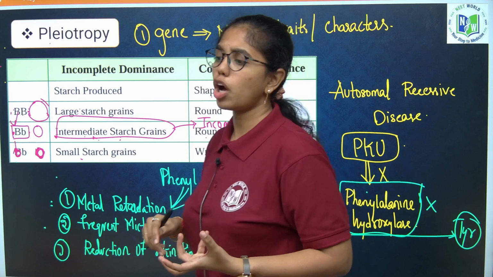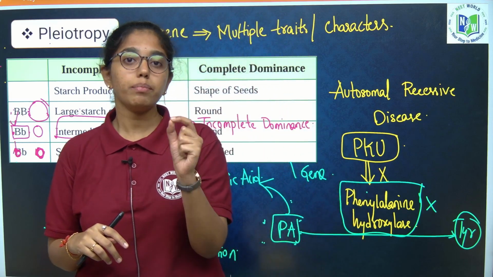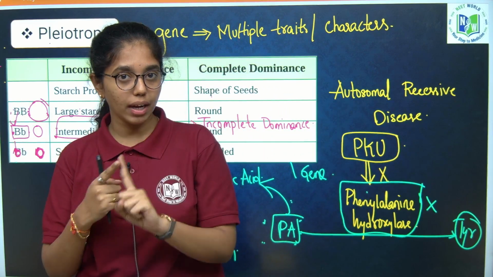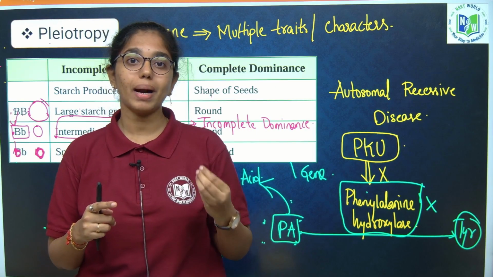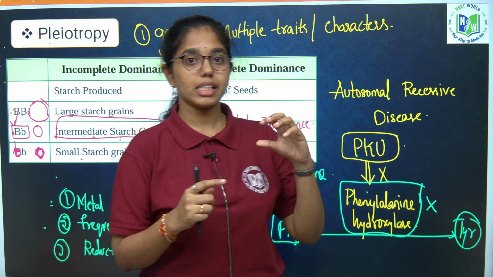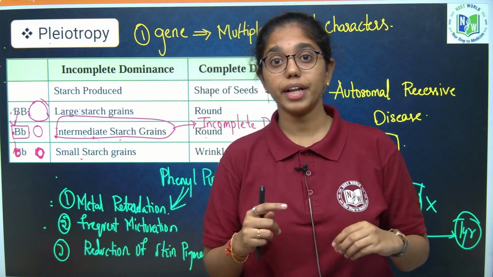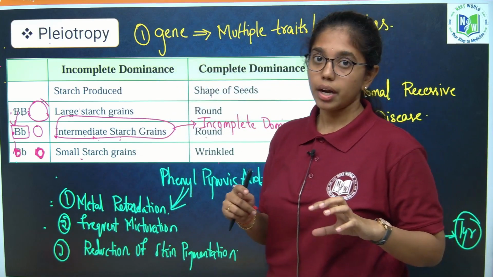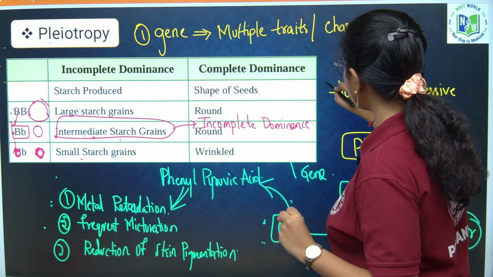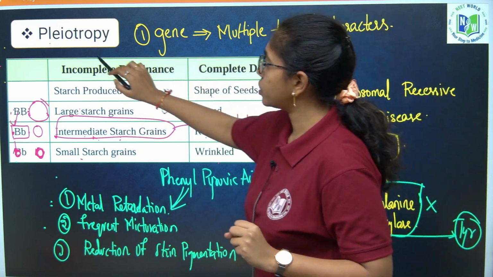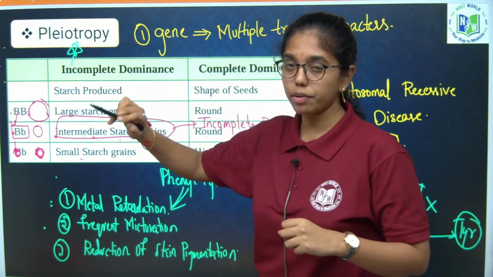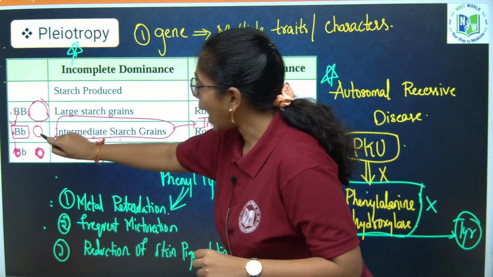And in Drosophila also you can say white eye mutation, only because of the absence of one gene, it can also show multiple effects, like its body size will be differed, its body color will be differed, okay.